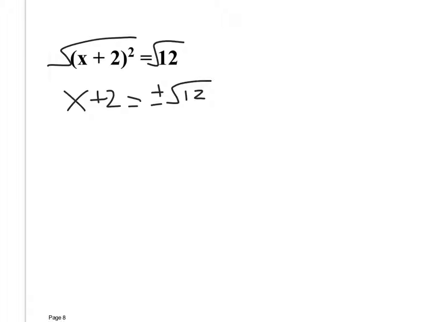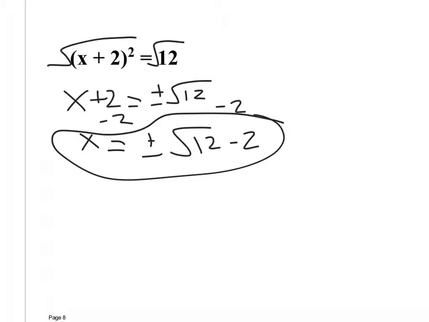You don't need calculators. I'm not going to make you figure out what square root of 12 is, because it's almost impossible to do if you don't have a calculator. So instead, just solve for x, but you leave the plus or minus the square root of 12 on there.